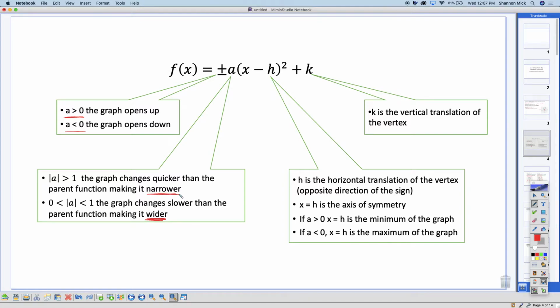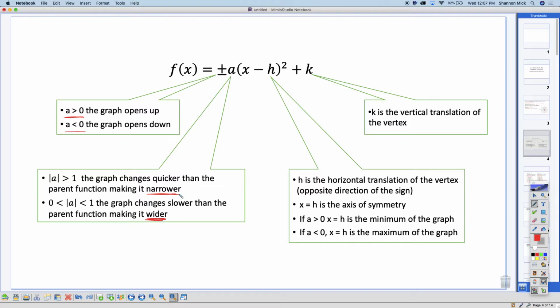The book uses compression and stretch. We're going to use narrower and wider, okay? A stretch would make it narrower, compression would make it wider. People tend to confuse those, because I can stretch things horizontally as well. That's why I use narrower and wider.